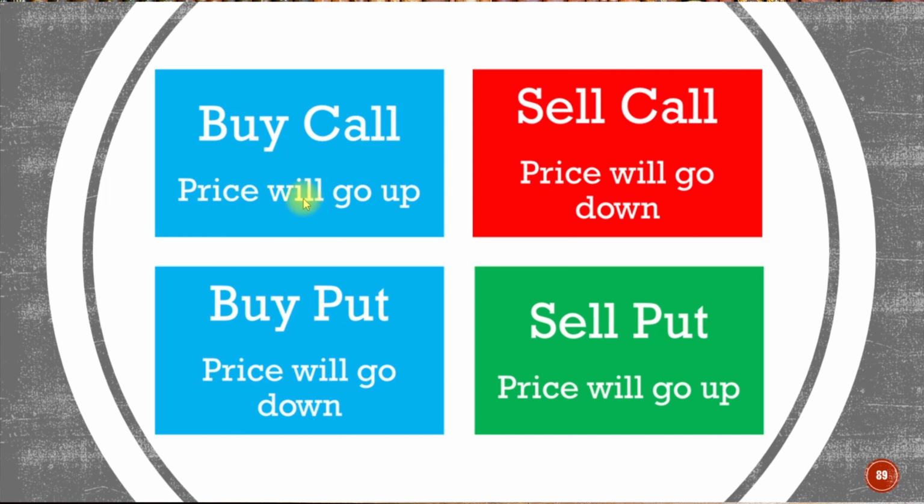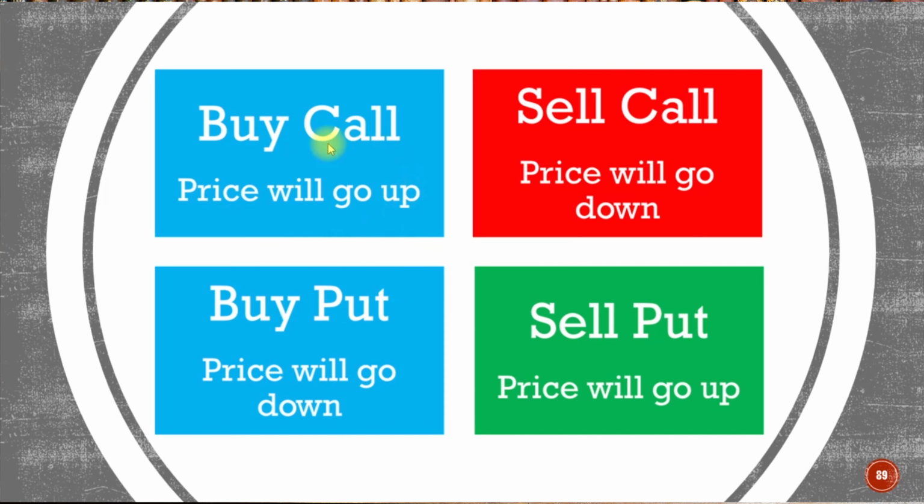Now let's look at the call side. Assume that you wish you had Apple stock, but you can't really afford the price. You don't have $10,000 to buy 100 shares of Apple, but you still would like to profit from the uptick in stock price. So you would buy a call option on the Apple stock.